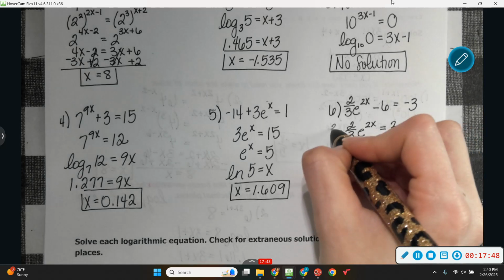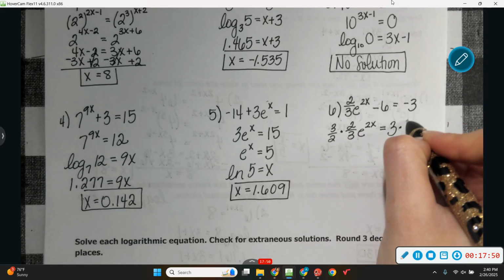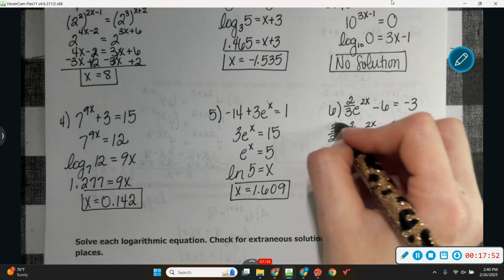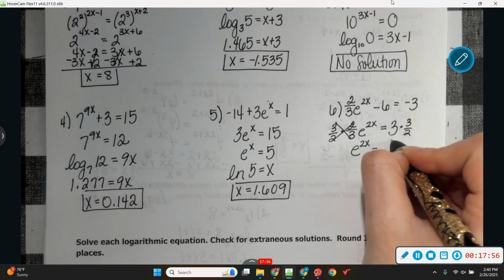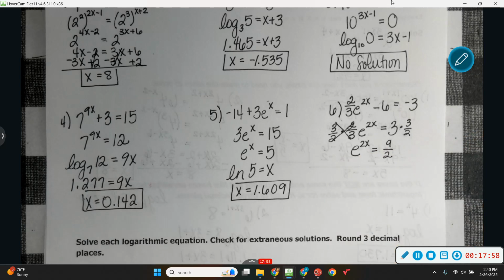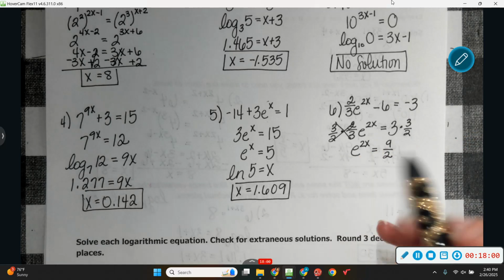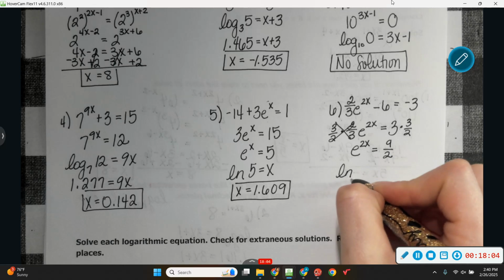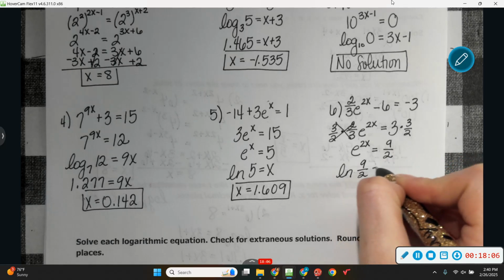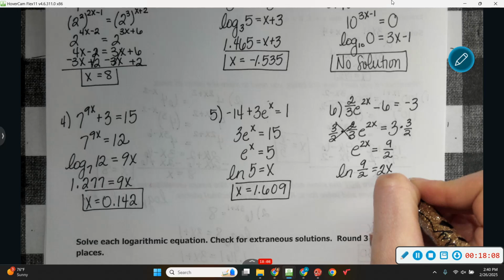We multiply by the reciprocal. So e to the 2x power is equal to 9/2. Now the base is by itself. We can rewrite natural log, base e of 9/2 equals 2x.